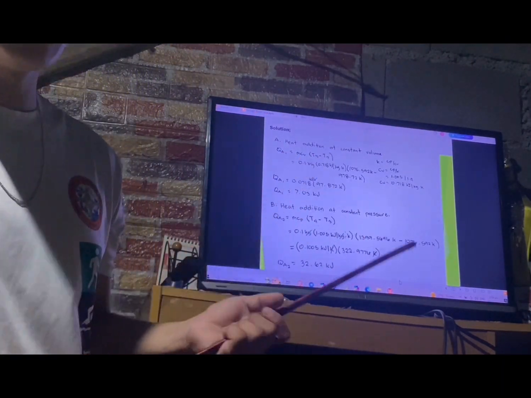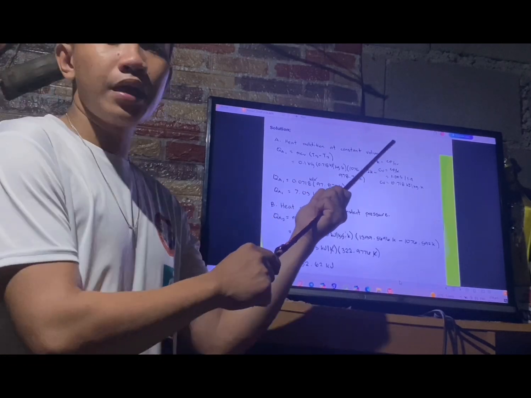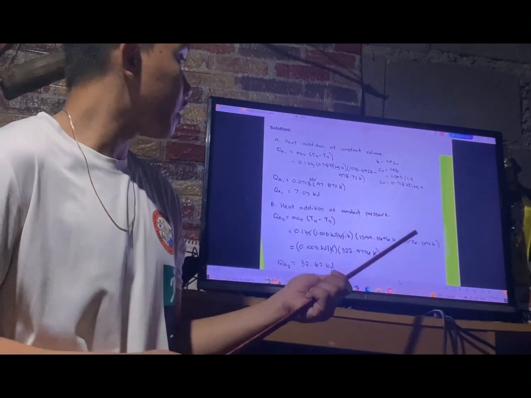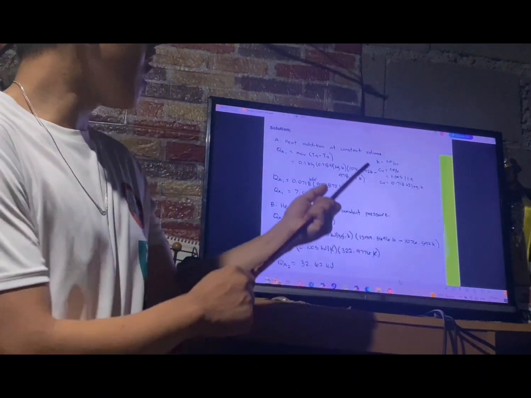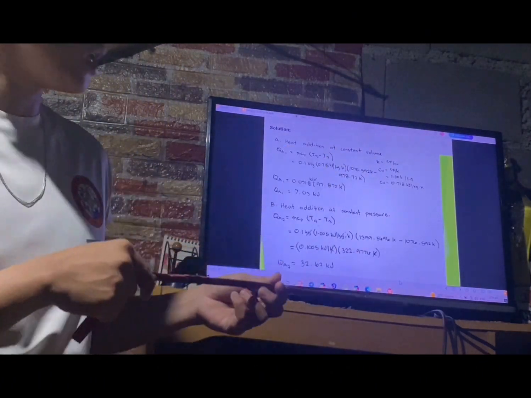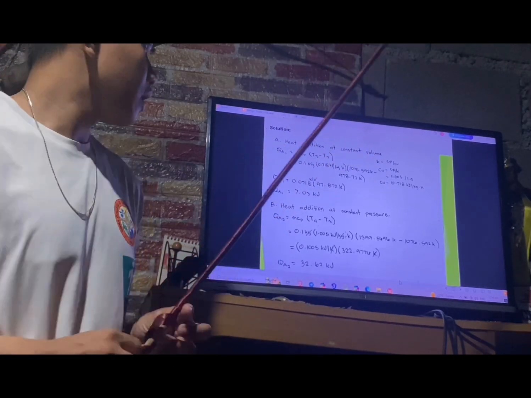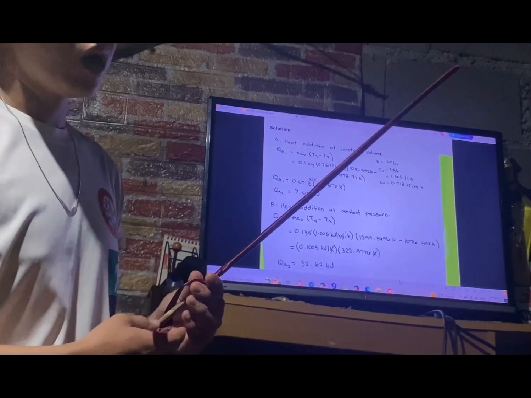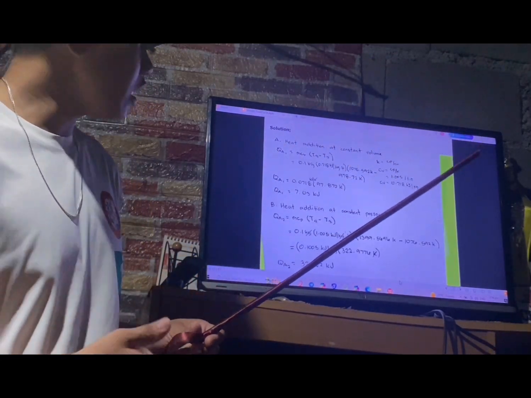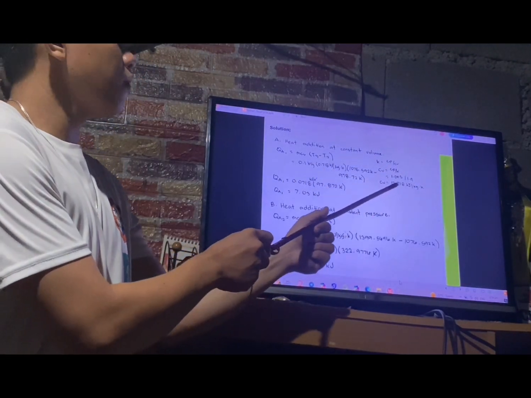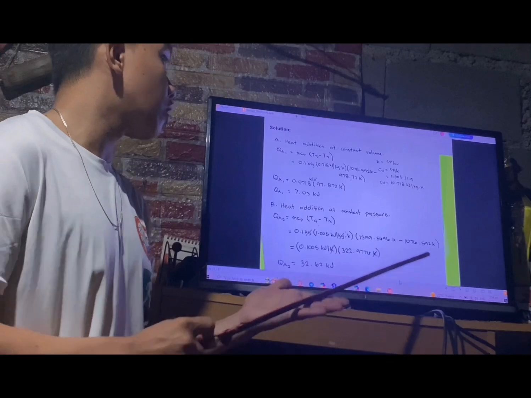From the formula, k is equal to Cp over Cv, just derive it and we will get the value of Cv. So Cv is equal to Cp over k. Cp is 1.005 divided by 1.4, which is the value of k. So we have the value of Cv equal to 0.718 kilojoules per kilogram Kelvin.